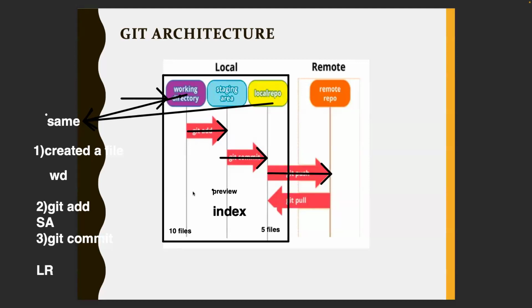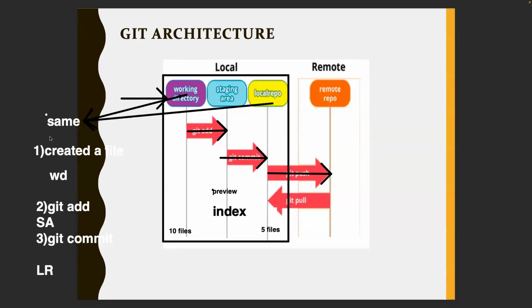Like I promised, I'll teach every topic from basics to advanced. I'll teach you the system thoroughly, so that you can clear any questions in the interview, and any task given to you, you can handle confidently. So if you just created a file, it's in the working directory; you add it, it's in the staging area; if you commit it, it goes into local; then you do a push, it goes to remote.